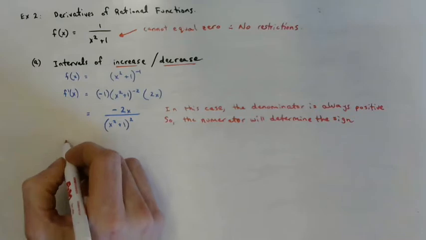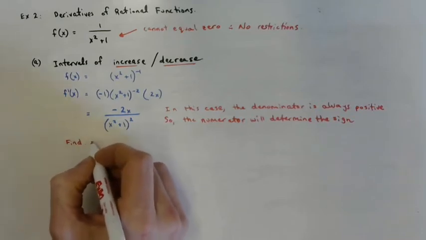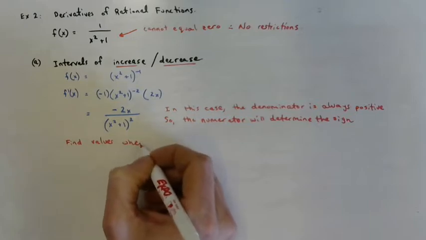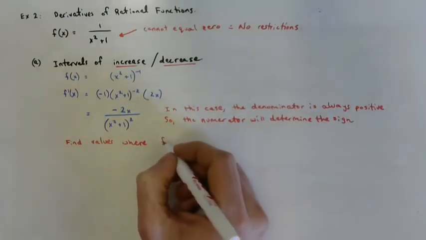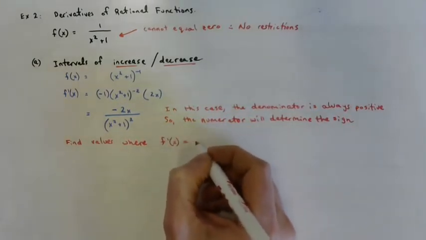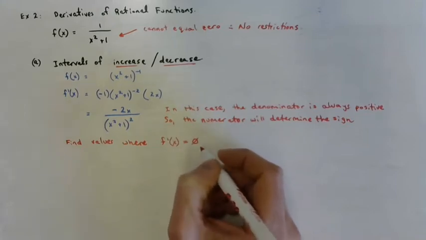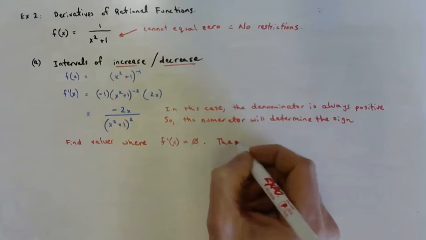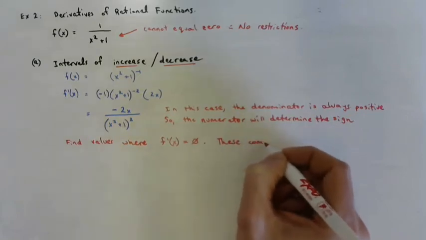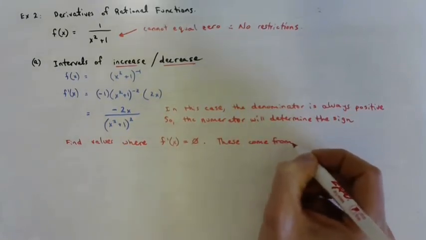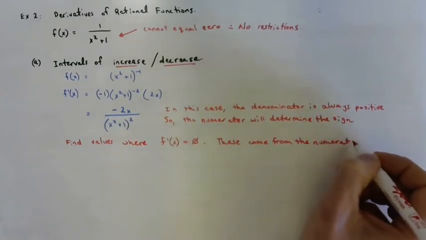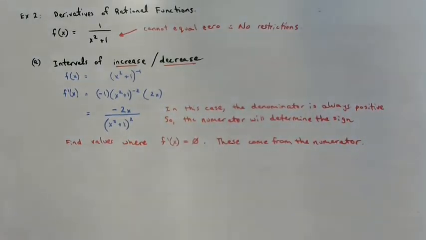So we're going to find values where f prime of x equals 0. These come from the numerator. And again, that's only because our denominator is always going to be positive.